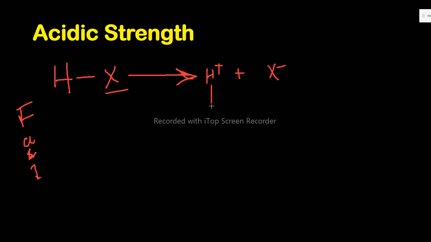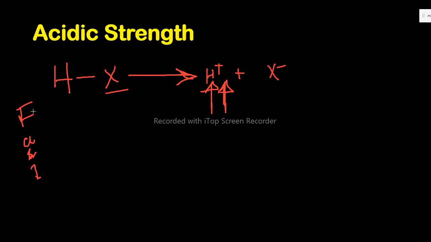Depending on how easily you can lose this proton, depending on the amount of hydrogen ions in this solution, it determines how strong the acid is going to be. Does it make sense? The ease of releasing hydrogen ions determines how strong the acid is going to be.